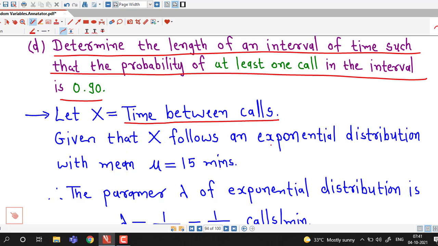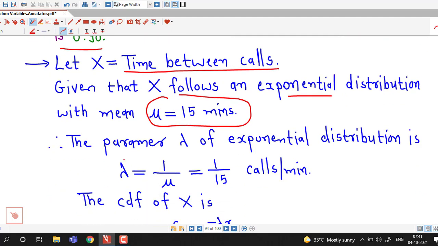X follows an exponential distribution with mean mu equal to 15 minutes. And we know that the parameter lambda of the exponential distribution is related to the mean by the relation lambda equal to 1 over mean, and here the mean is 15, so we have lambda equal to 1 by 15 calls per minute. This is the decay parameter for this exponential random variable.